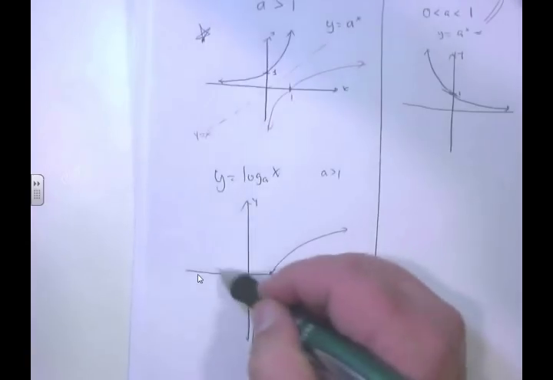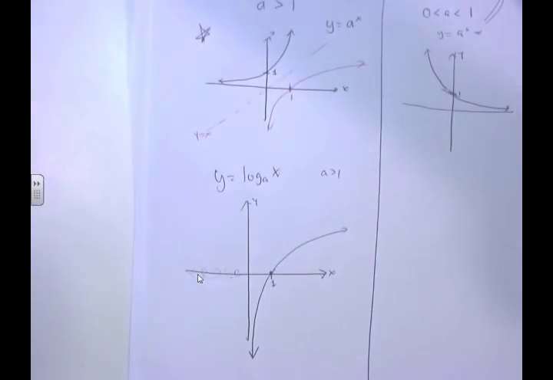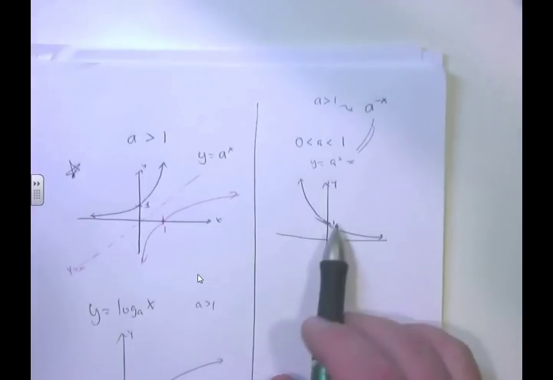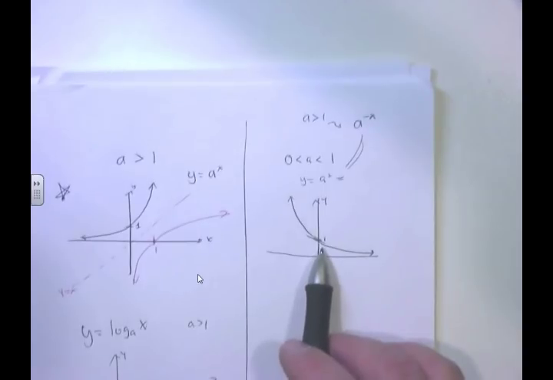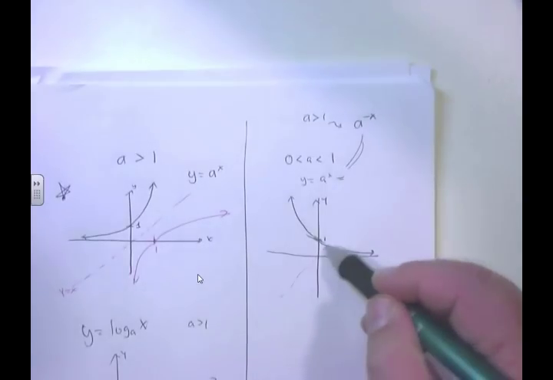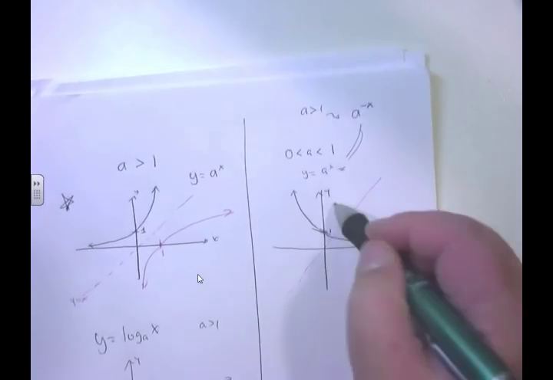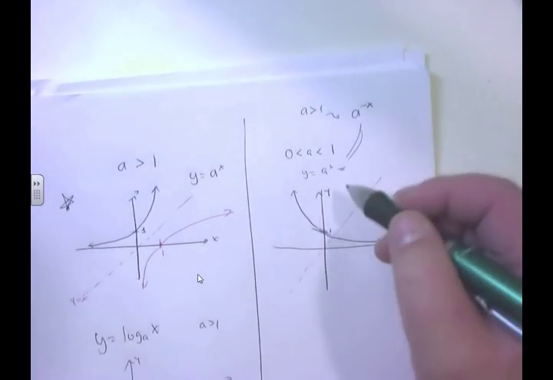And notice, you can't take the log of a negative number. Doesn't exist. So is there no reflection for the graph on the right? Well, yes, there is one. If the base was negative, you could reflect that about this line right here. And then it would end up looking something like, let's see here.